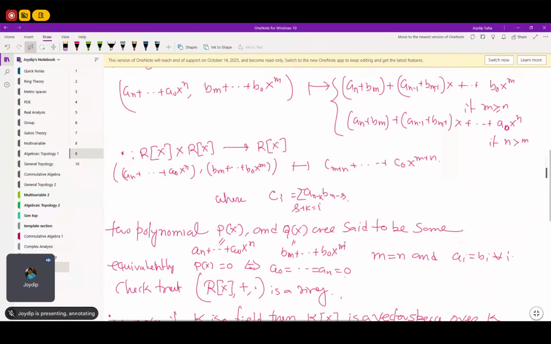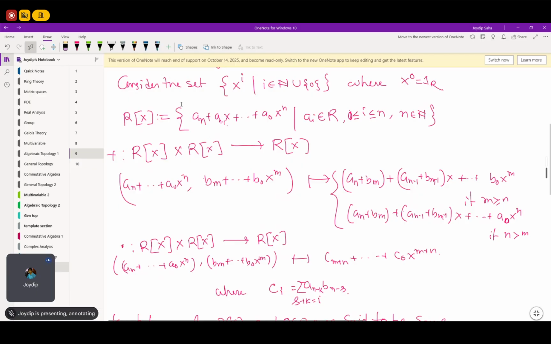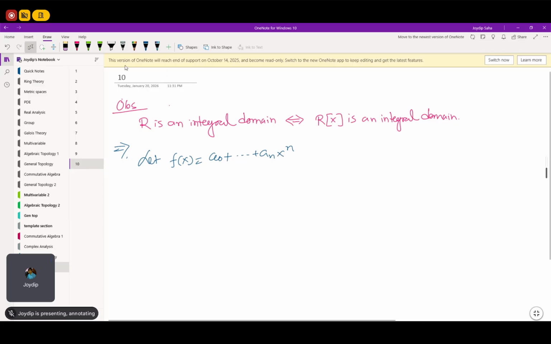Otherwise, here I would define this multiplication and have to write n minus k, m minus s type indices. This is problematic. But this notation also has some use whenever I talk about homogeneous things. Later you will see.